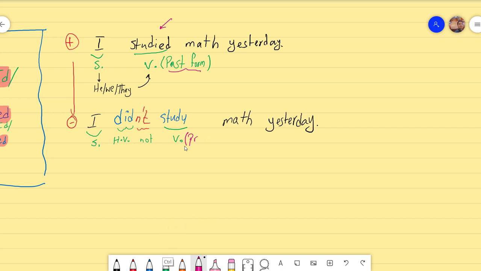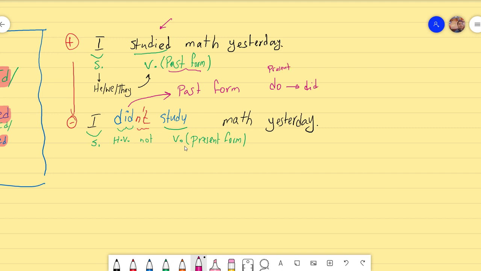Let me write that with green. Here, the verb is in present form. I didn't say studied. Why not? Because did is the past form. So the present form is do, the past form is did.